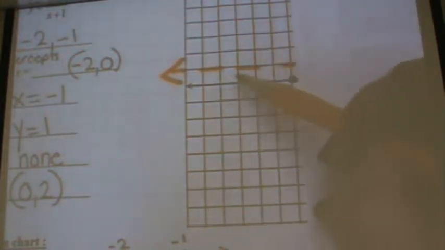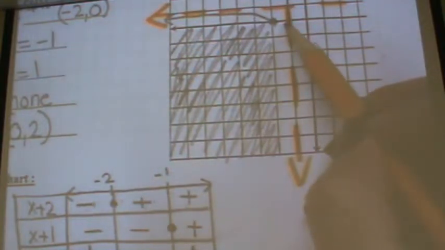It says I need to be in the positive region. Where's the positive region? From here to here is positive. So I don't want to be in this region at all. I can't be here. I can't be here. Okay? So where will I be? I'm going to be right in this little tunnel right here.